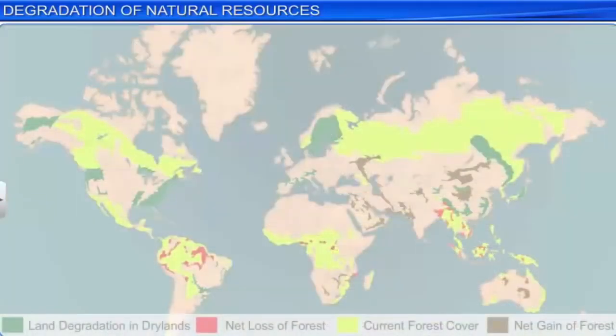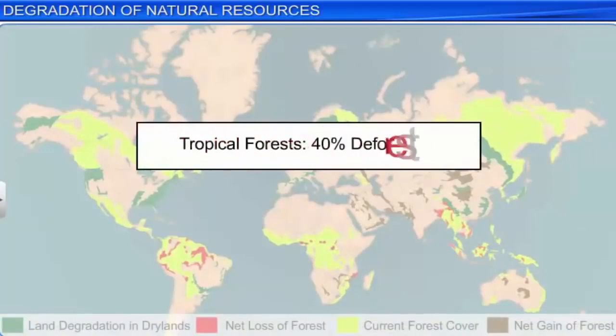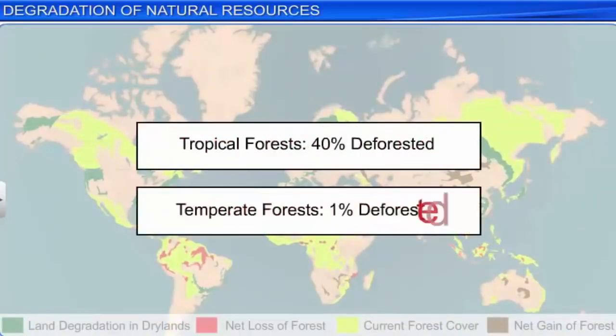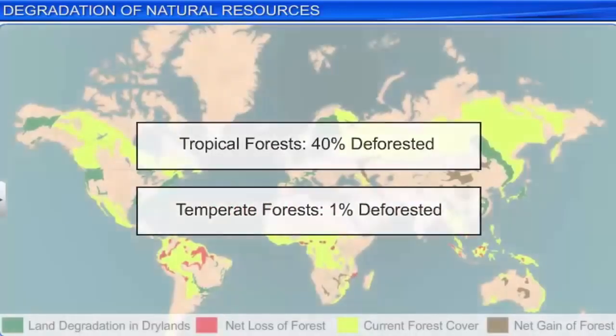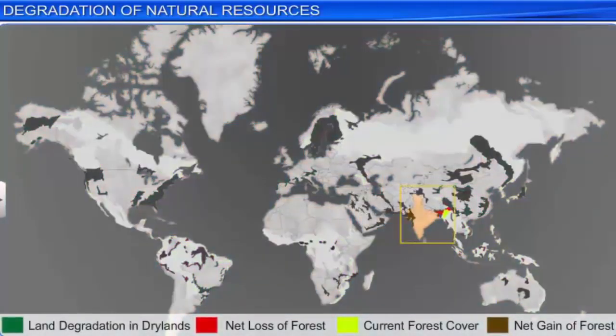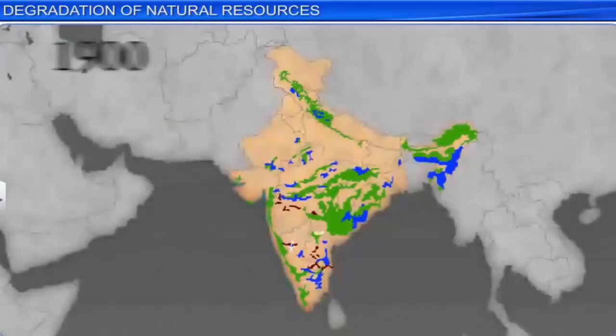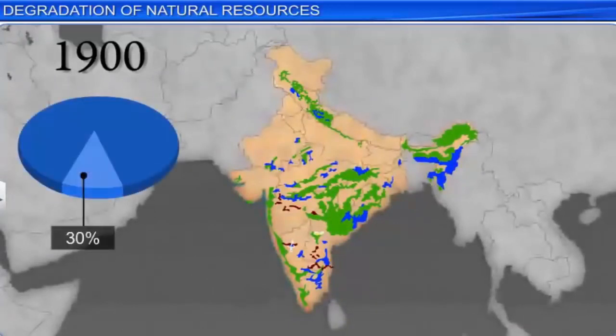Almost 40% of tropical forests have been deforested compared to only 1% of temperate forests. The situation of deforestation in India is heartbreaking. In the early 20th century, forest cover was about 30%, which decreased to 19.4% by the end of the century.